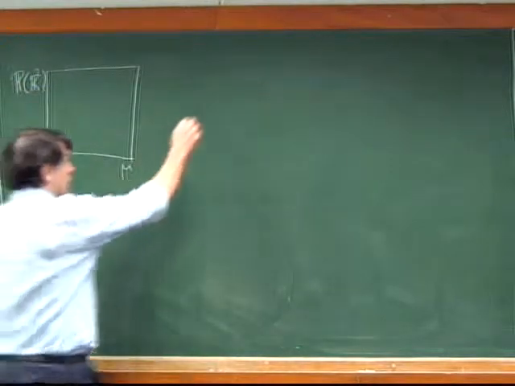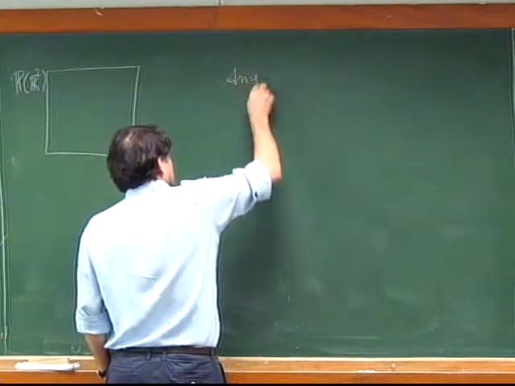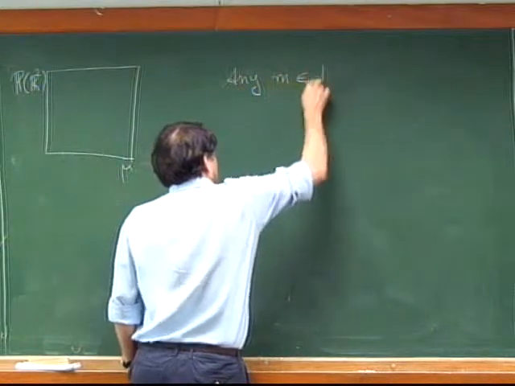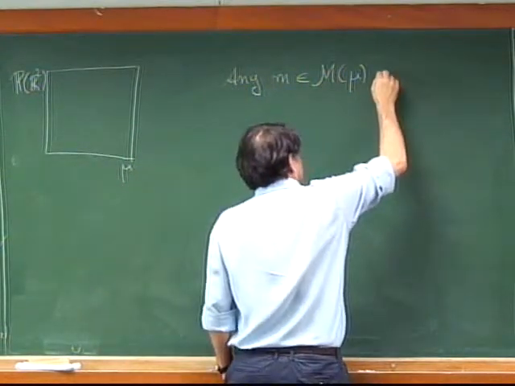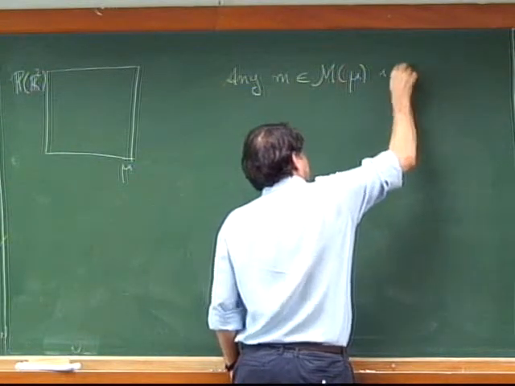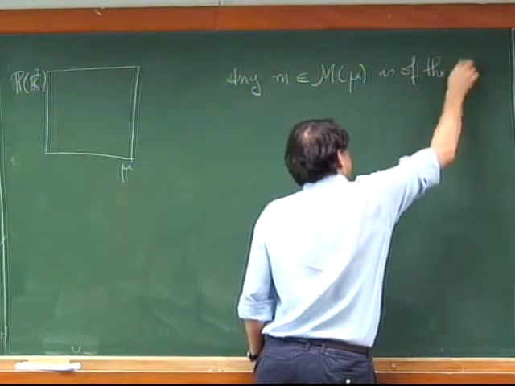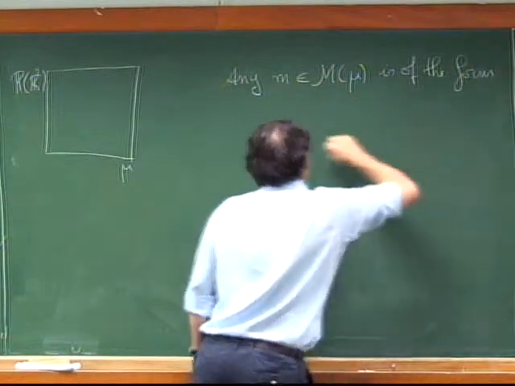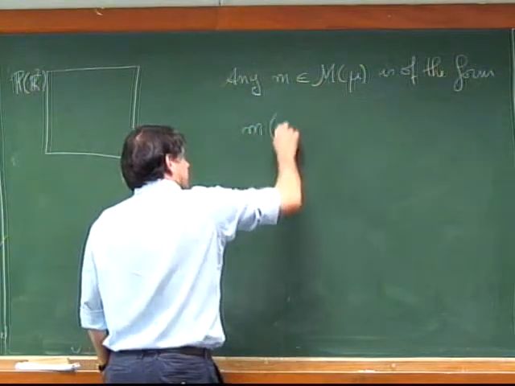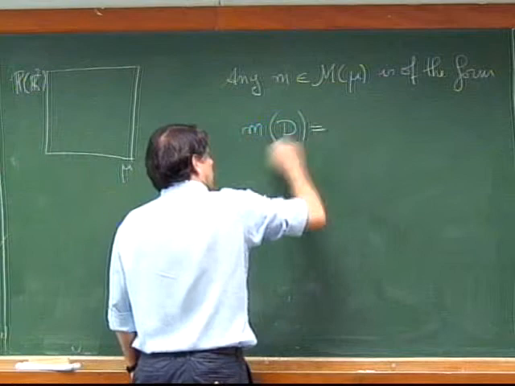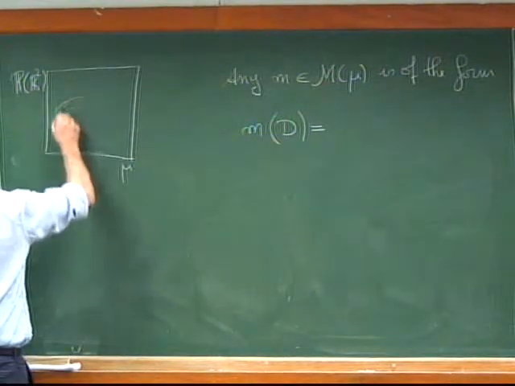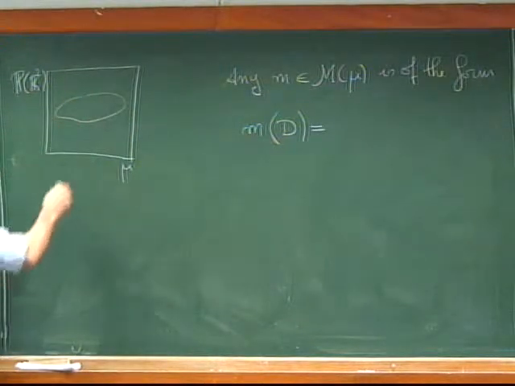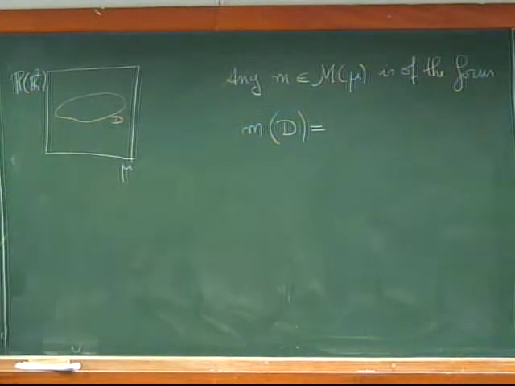Any measure that projects down to mu is of the form that the measure of a set D can be obtained in the following way.